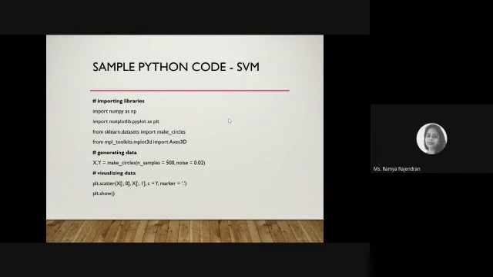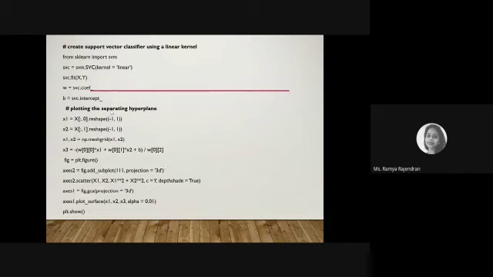Here I have a sample code for SVM. I'm generating the data with 500 samples, and then I'm using a linear kernel from sklearn.